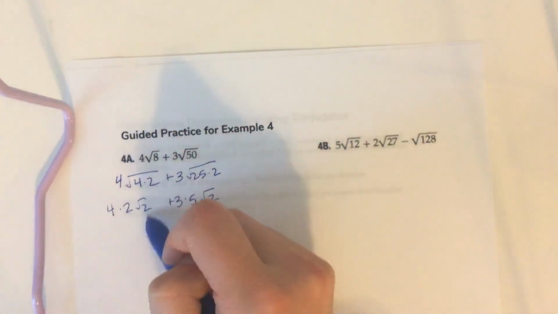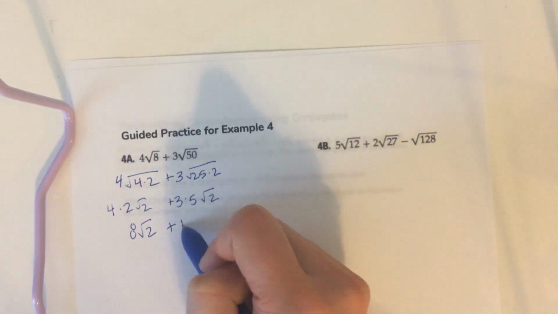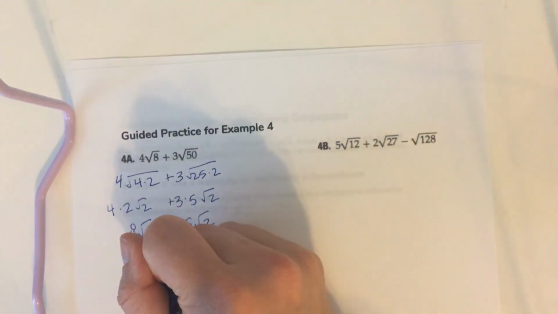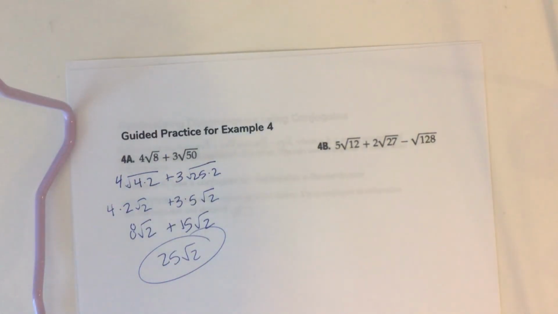Square root of 2 stays behind. Clean this up a little bit. 4 times 2 is 8 times the square root of 2 plus 3 times 5 is 15, with the square root of 2 there. And then I have 8 plus 15 to give me 23 square root 2. And that's how we would have handled that one.